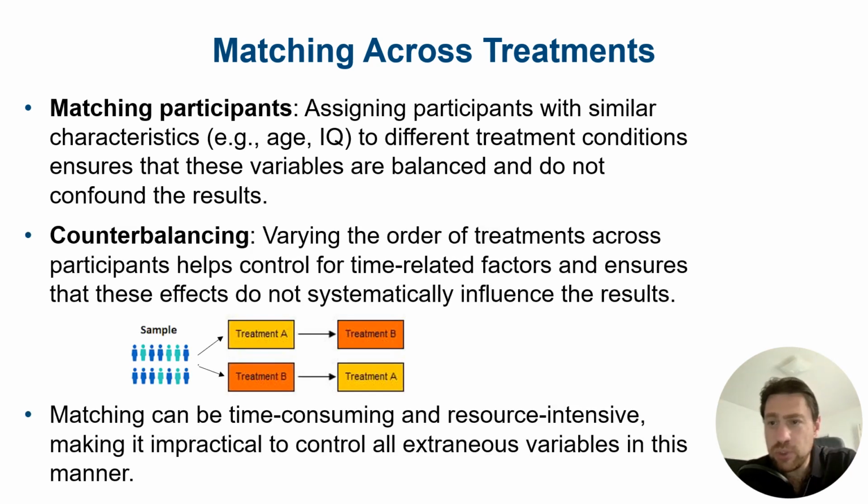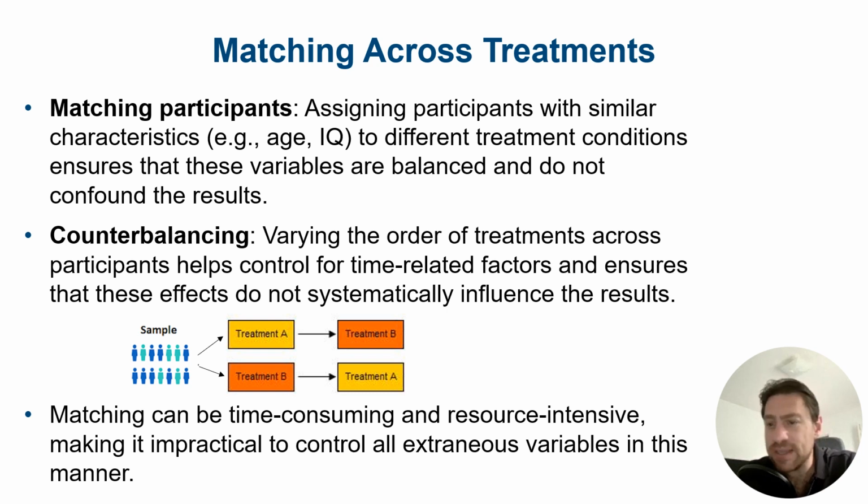Now, suppose you have a within subjects design, meaning that the same group of people will undergo all the treatment conditions in your study. So when you have this, the order in which people go through these conditions can be a confound. And you have to worry about practice effects and fatigue effects.